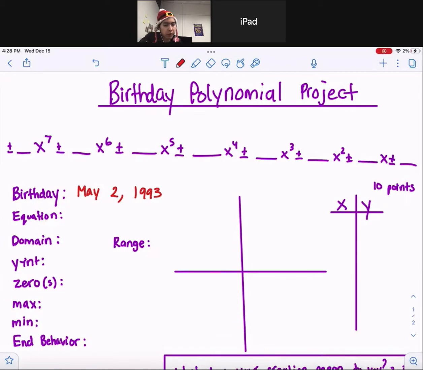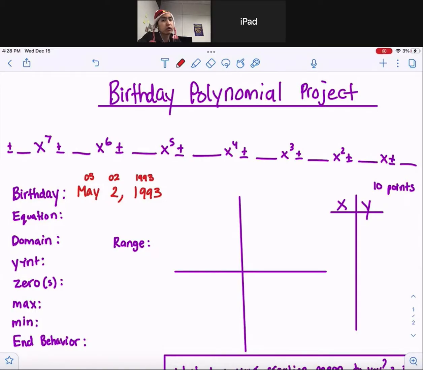Now from this random birthday, you have to put this birthday in numbers like that. So May is the 5th month, so it's 05. The second is the second day, so 02, and 1993, the year, right?